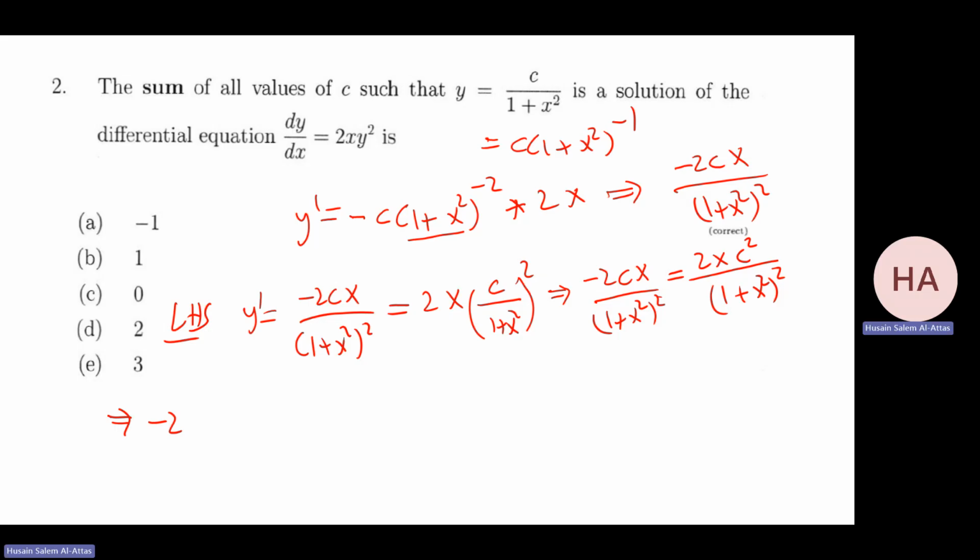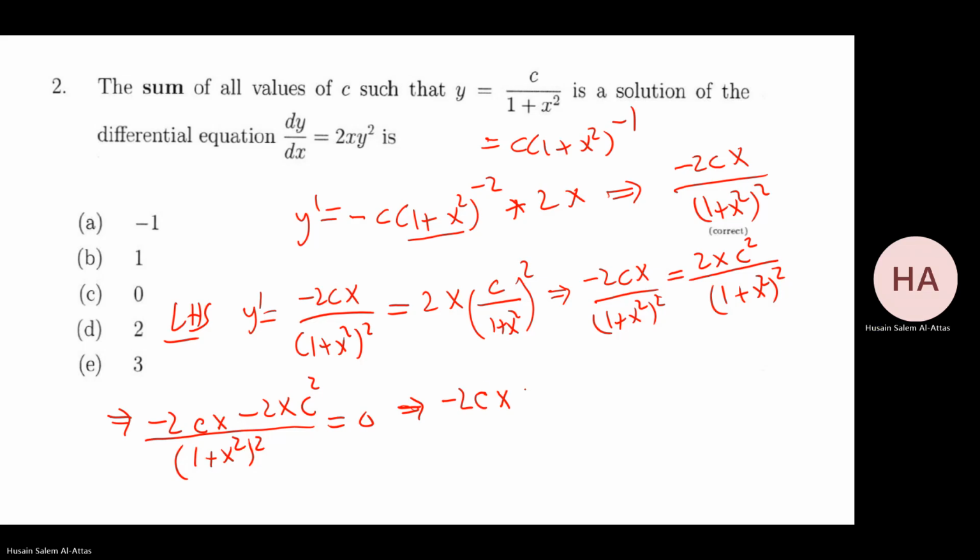So I need minus 2cx minus 2xc squared over this to be equal 0 for any x. That means I have what? I can take minus 2cx as common factor, and what's the remaining? 1 plus c equals 0.